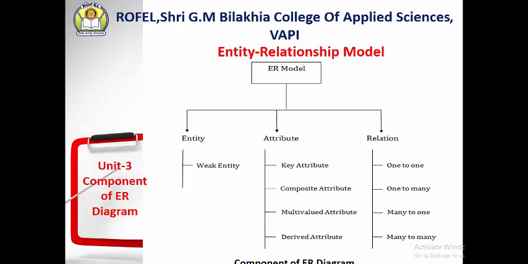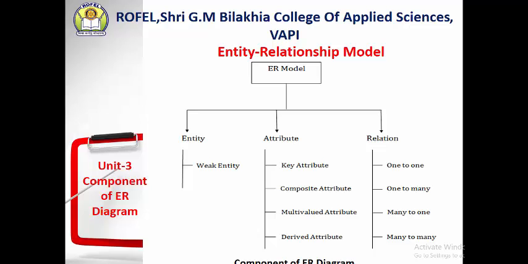Then relationship. Different types of relationships are there between the entities, two or more entities. So the relationships between the entities are one to one, one to many, many to one or many to many. So these are the components of ER diagram or ER model.